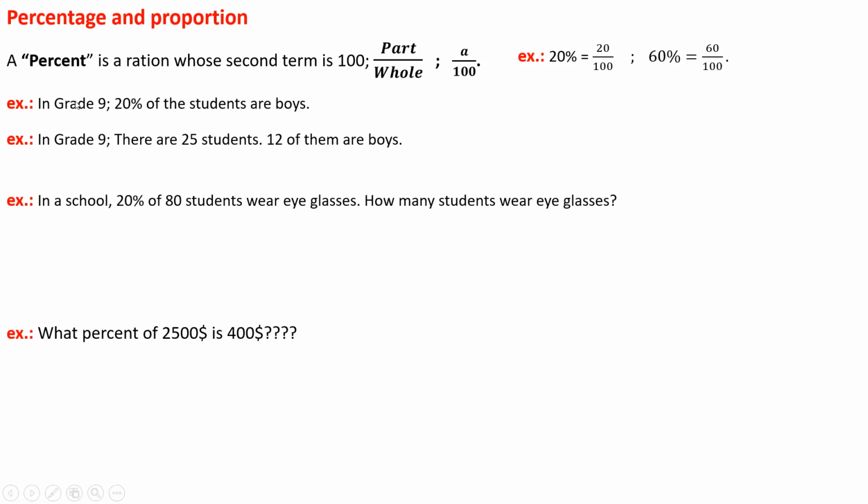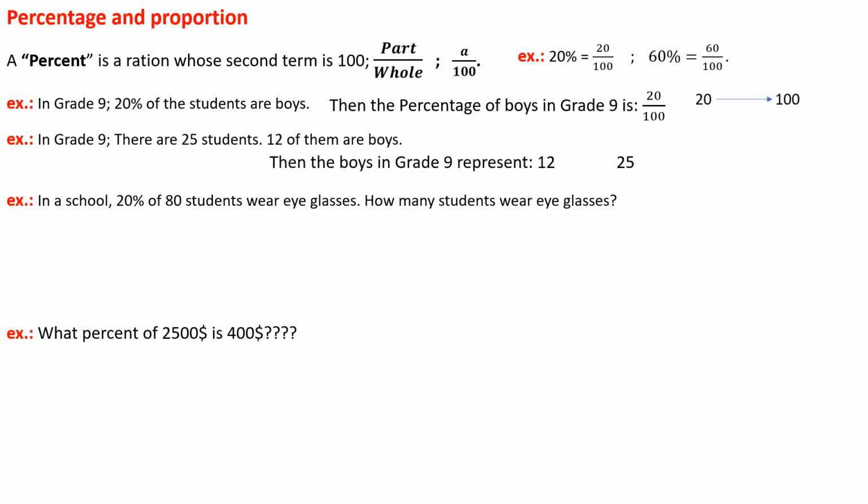Now, as an example, in grade 9, 20% of the students are boys. So the percentage of boys is 20 over 100. Also, in grade 9, there are 25 students, 12 of them are boys. So 12 over 25 are boys. Now, another example.